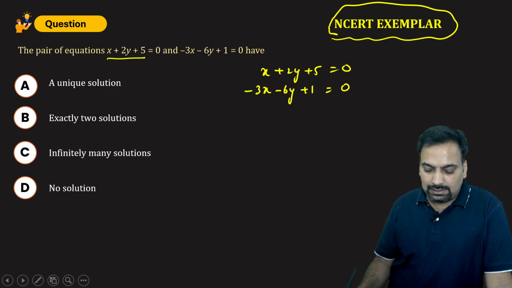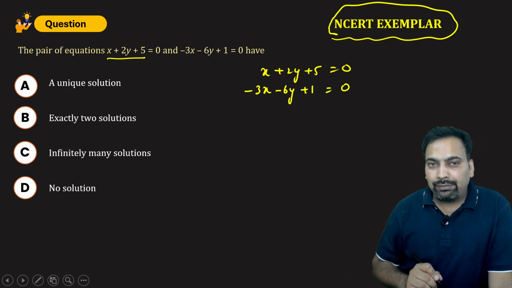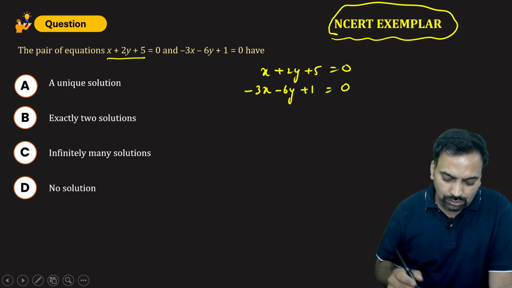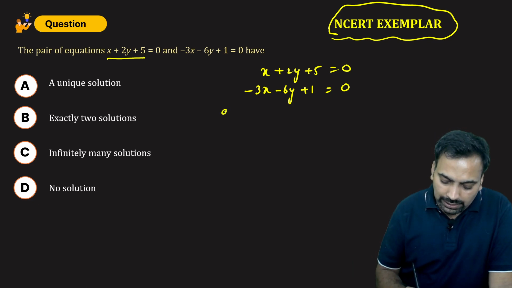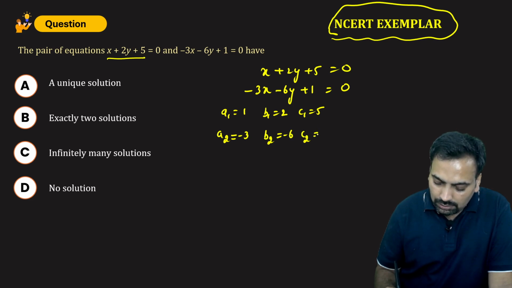First of all, you have to compare and find a1, b1, c1, a2, b2, c2, and then find whether it is a unique solution, infinitely many, or no solution. So a1 is 1, b1 is 2, and c1 is 5, a2 is minus 3, b2 is minus 6, and c2 is 1.